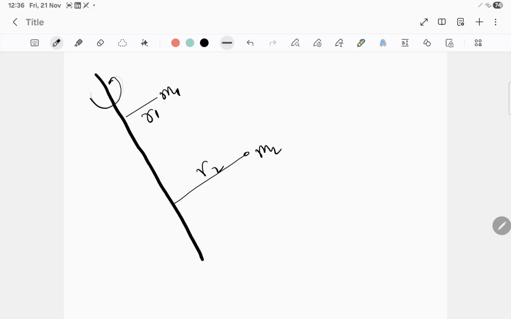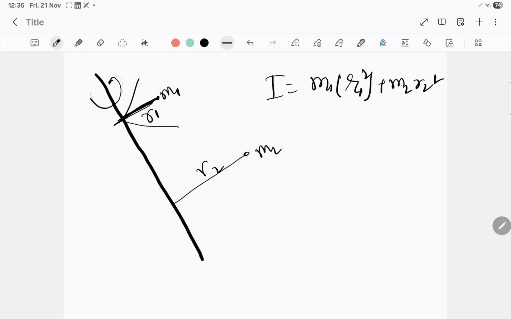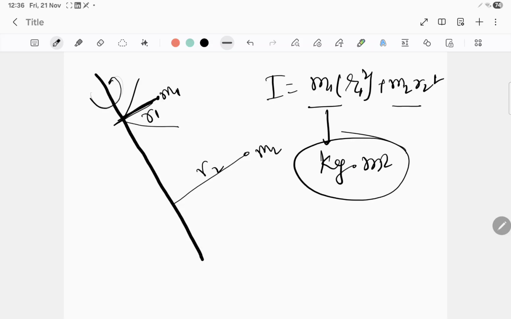What you have to do in both cases is I equal to m1 into the perpendicular distance. Don't take this distance, don't take this distance. The perpendicular distance from this axis will be r perpendicular, so m1 r1 square plus m2 into r2 perpendicular square. So this is all about the moment of inertia. The unit of moment of inertia: writing m into r square, it will be kg into meter square.